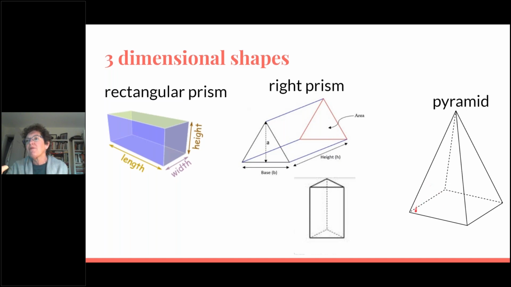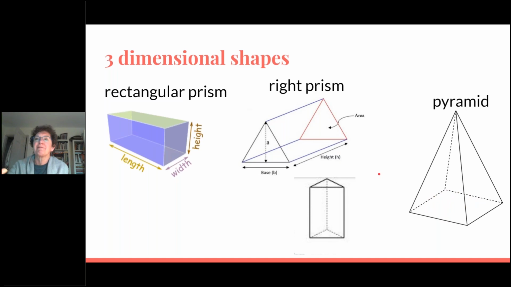So if you compare the bases, the pyramid has a square base and the prism has a triangle base, unless it's on its side, and then this is the base. It kind of depends the way you're looking at it, but the ends of it are triangles, not a square.